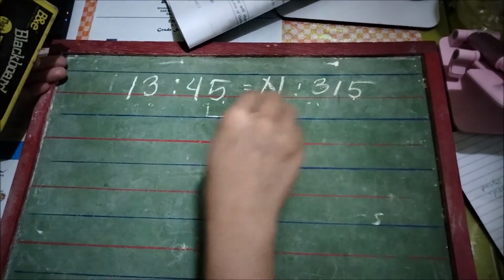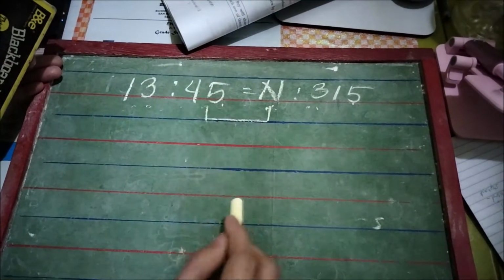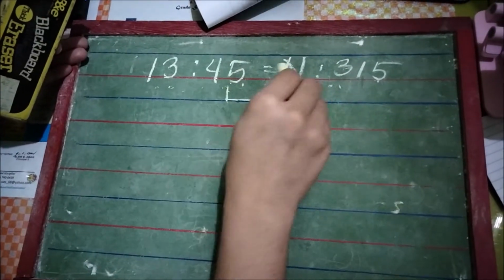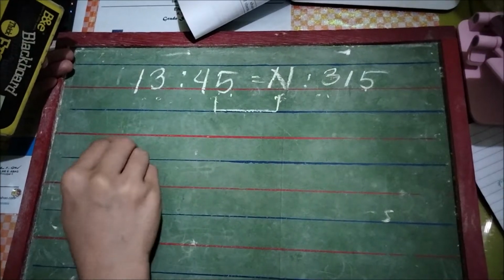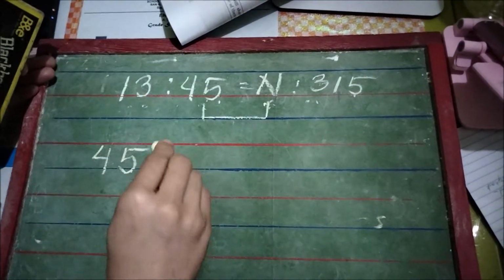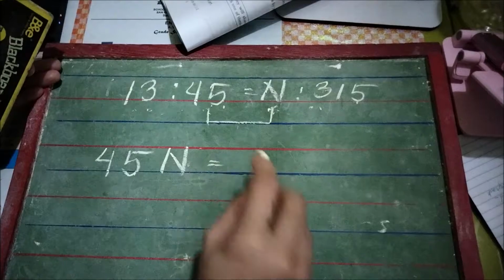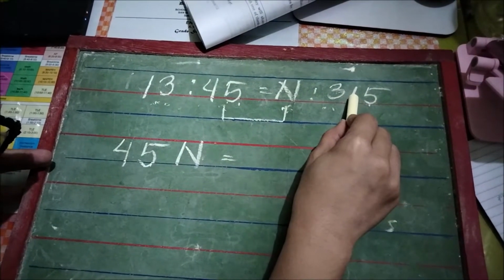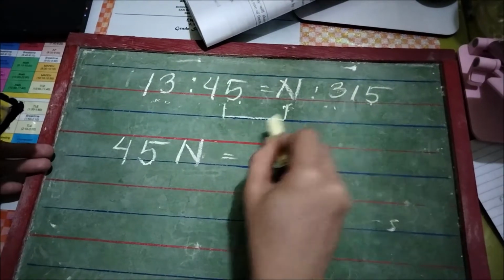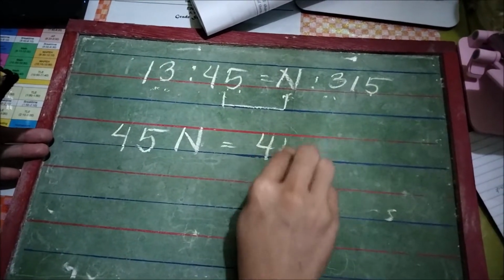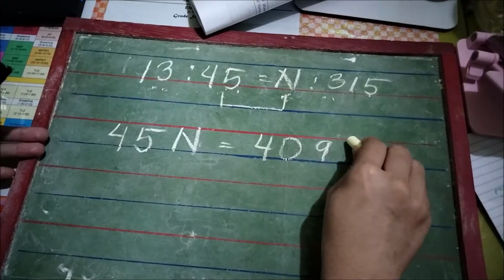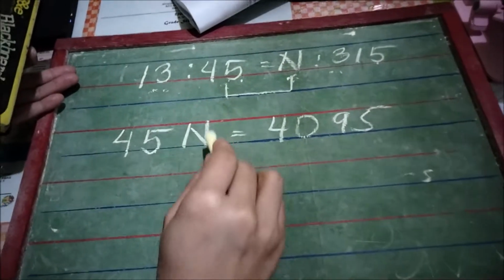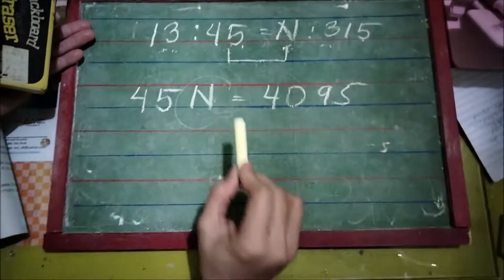As you have already studied, you're going to multiply means. So 45 times n will be 45n equals 13 times 315, which is equal to 4,095. Now, we are going to find our missing variable, which is letter n.